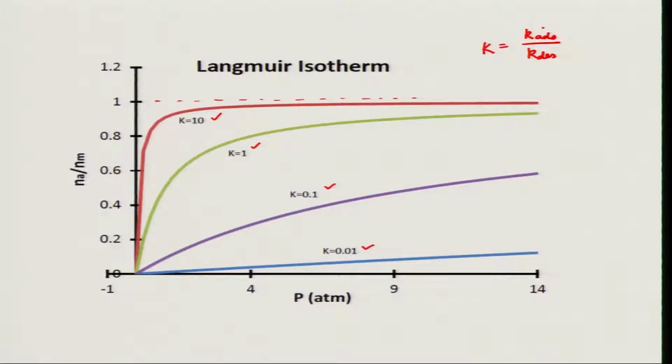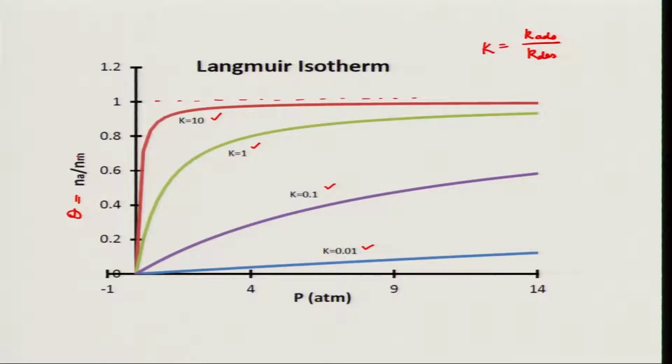So, if adsorption is higher, at lower pressure you will reach more fractional coverage. And this is theta, the number of adatoms divided by the number of total sites. So, this is how the Langmuir isotherm works.